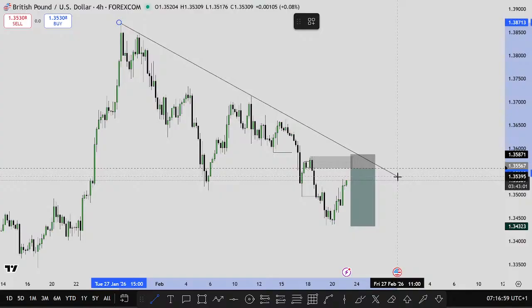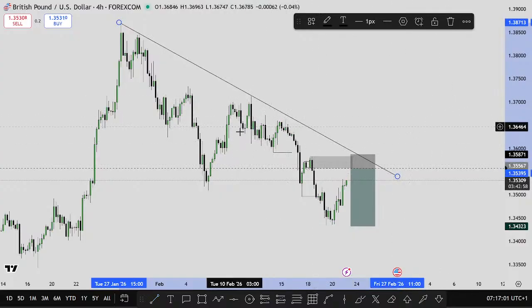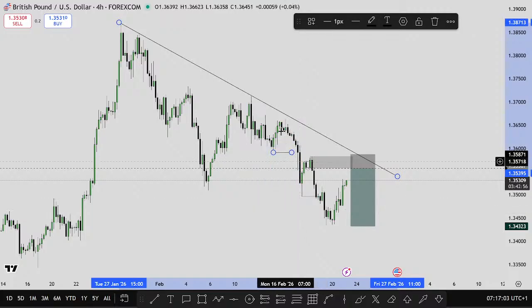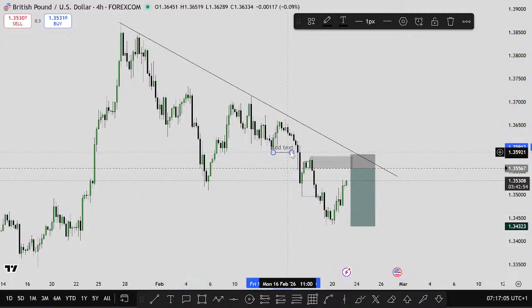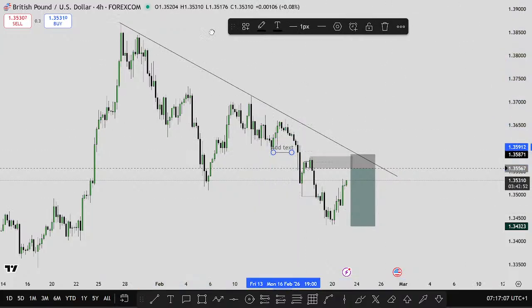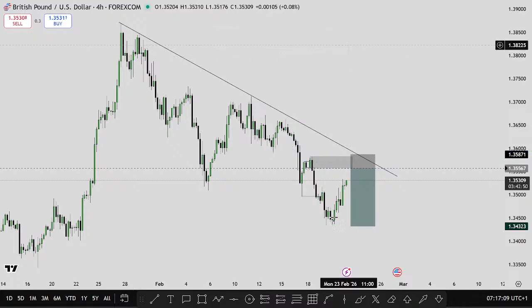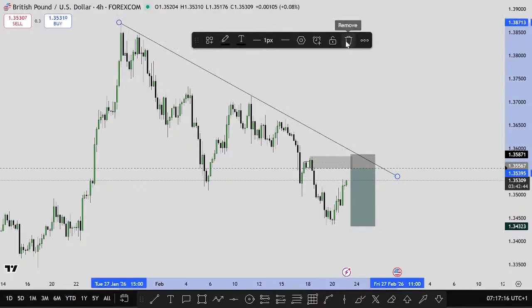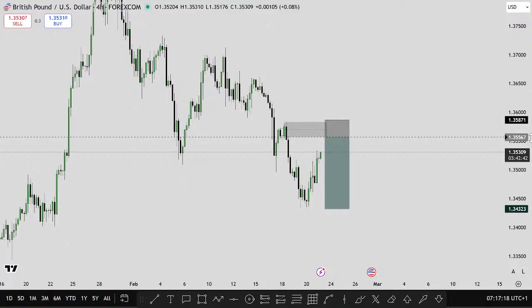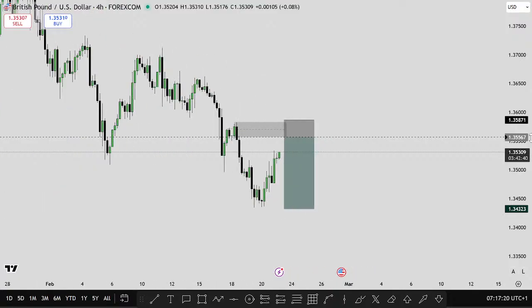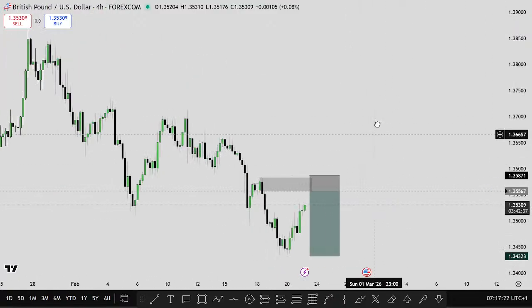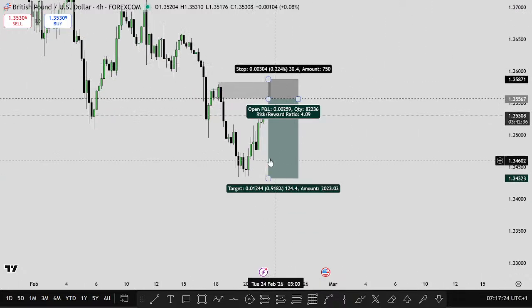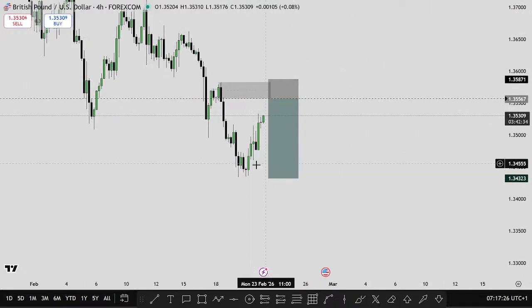Price is still bearish, it has not been taken off yet, and henceforth the reason for selling. So this is where price traded off from on Friday. The price just opened to this level.